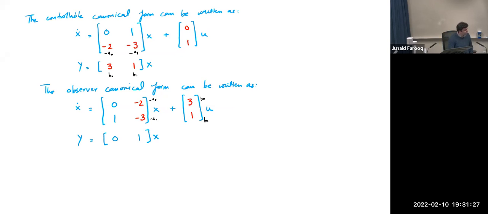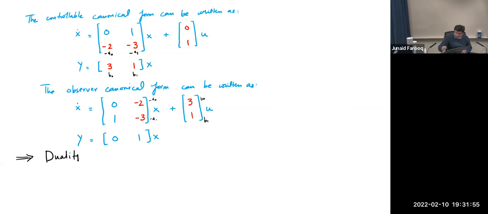Okay, so we've seen up till now controllability of systems, and we've seen observability of systems. So now we will see the relationship between controllability and observability properties. And interestingly, there is a very close relationship between them, and that's called a duality relationship.